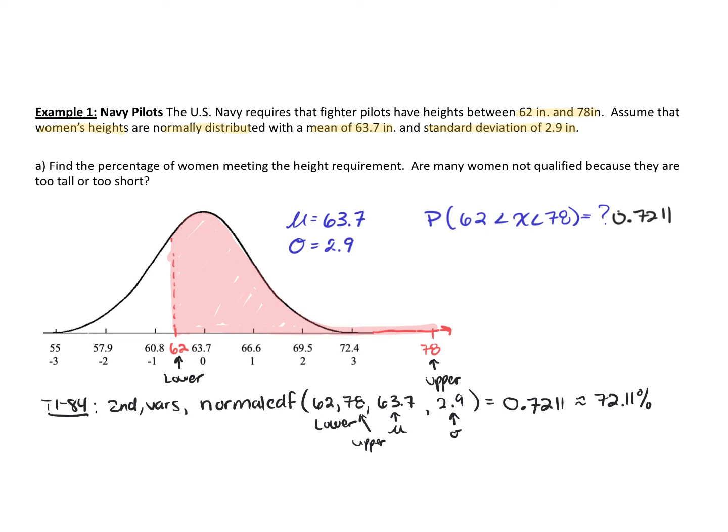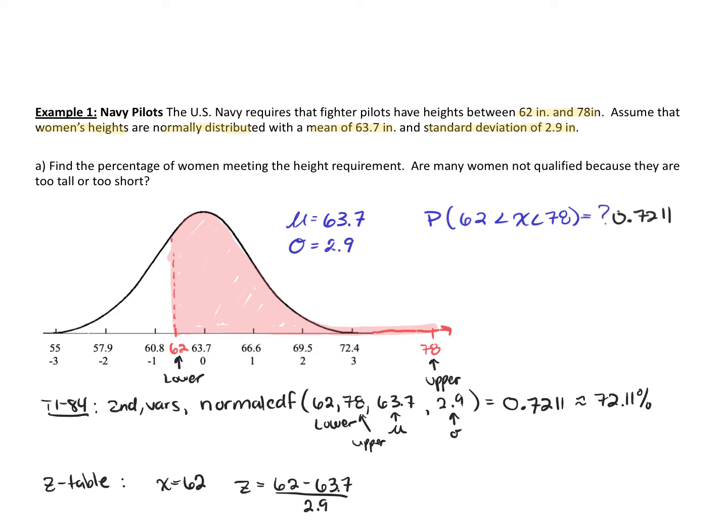Now, if you're using the z-table, what you would need to do is take 62 inches and convert that to a z-score. To find that z-score, it's x minus mu, where mu here is 63.7, and divide that by sigma, which is 2.9.